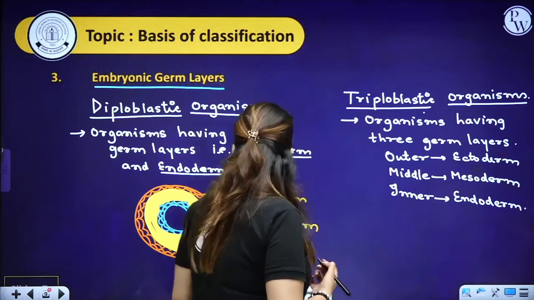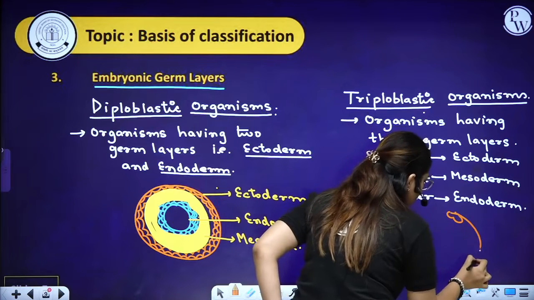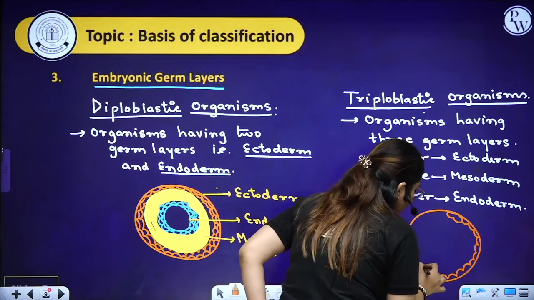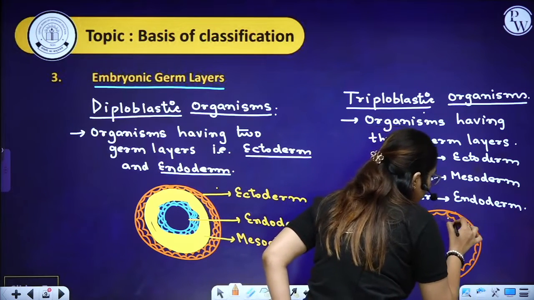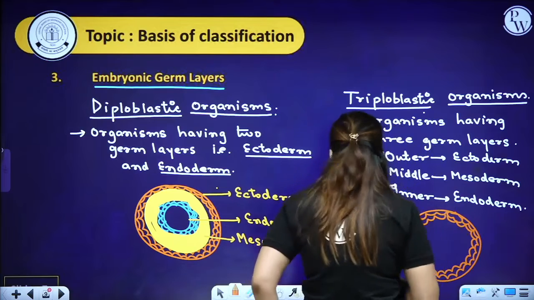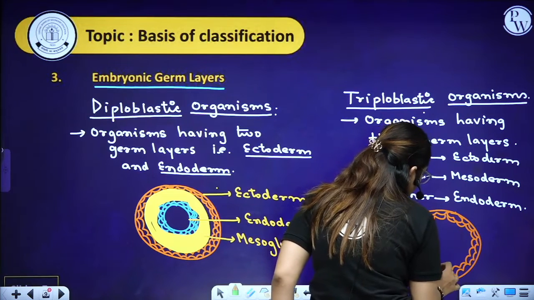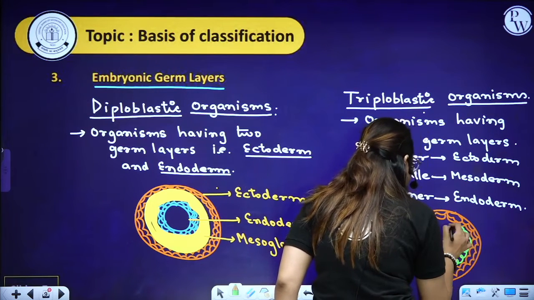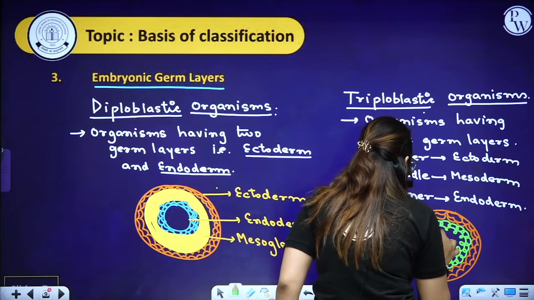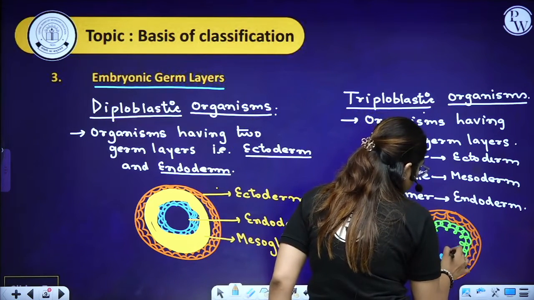3 layers are present. So let's have a look. 3 different cellular layers are there. This is the 3rd germ layer.